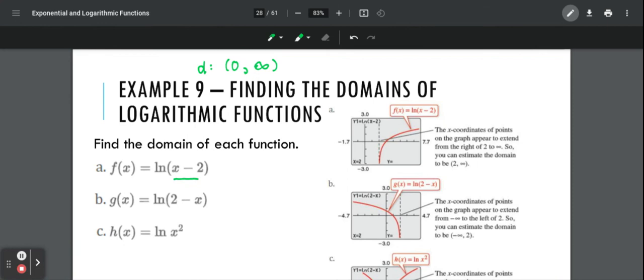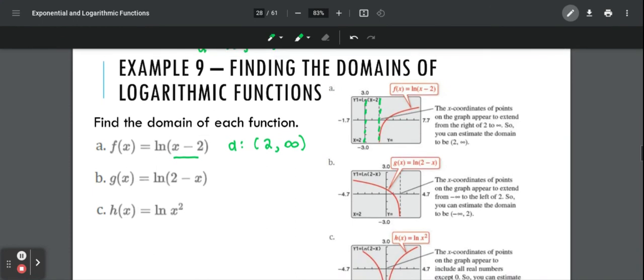So if our domain shifted to the right 2, then it would shift over to be 2 to infinity. All right, so if you look at the picture here, normally we have that vertical asymptote at 0. That vertical asymptote would shift over to 2, which means our whole domain shifts over to 2.